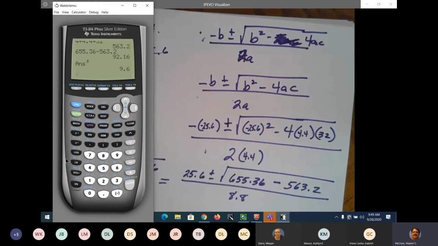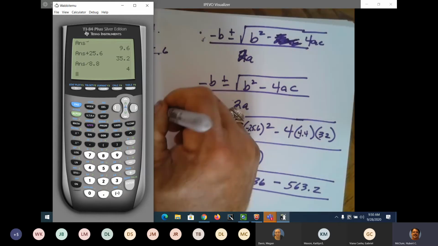Okay, so 9.6 plus 25.6 divided by 8.8. I got 4.4... is that a point? No, it's 4. So evidently I did something wrong.